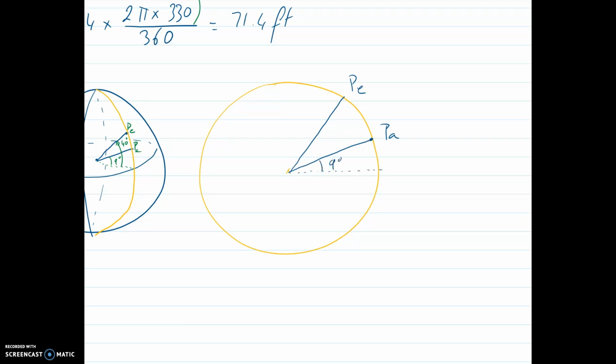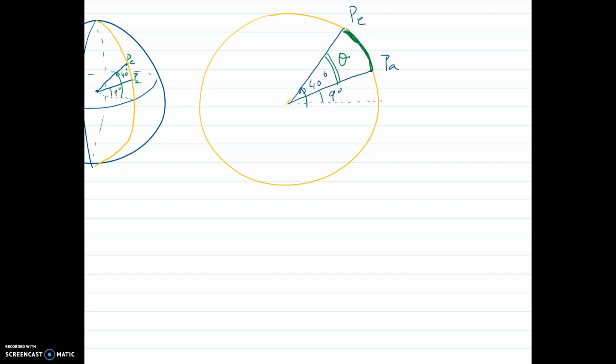I know this is 9 degrees, and I know this one is 40 degrees. So if I want to define the distance between the two cities, it's very easy. I'm looking for the length of this arc, and for that I need to know this angle right here.